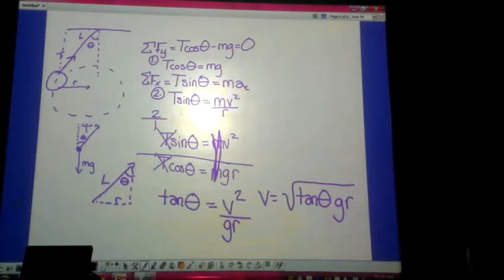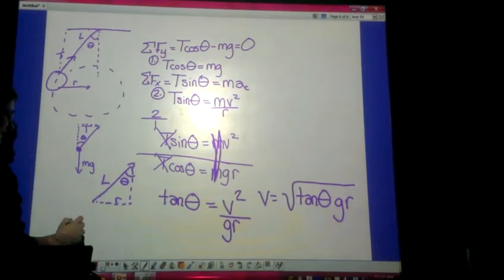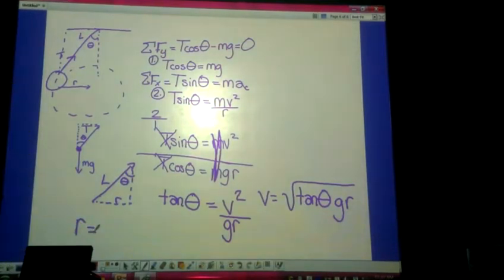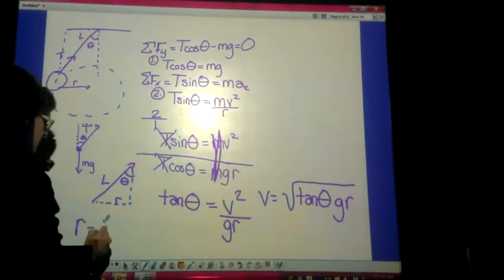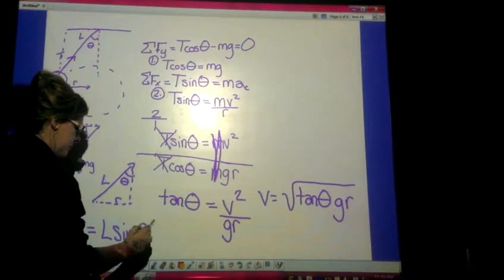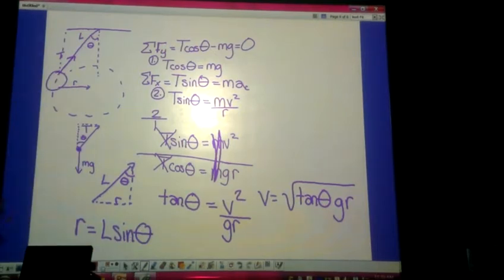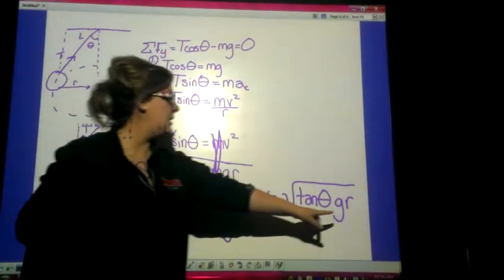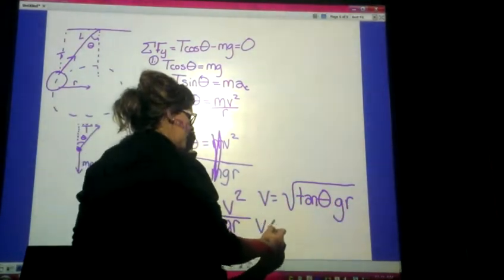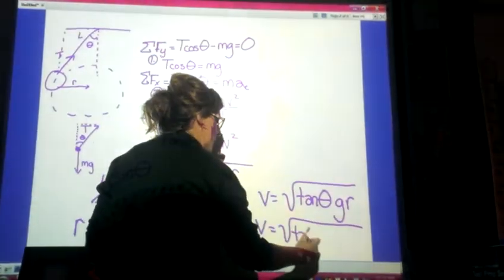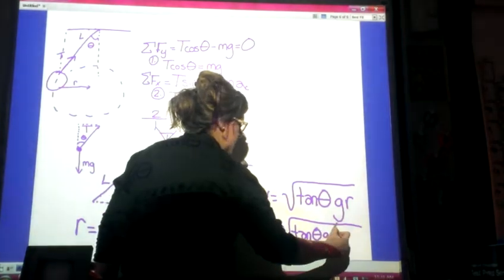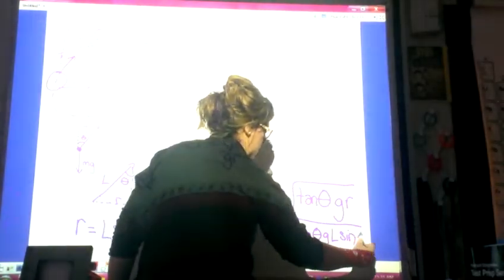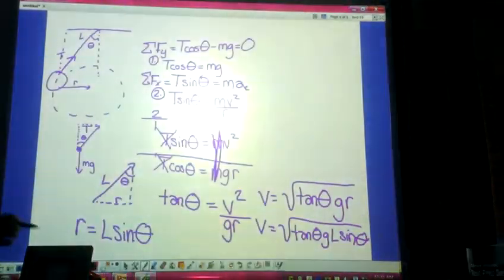And I could do that by saying that r equals L sine theta. So let me plug L sine theta in for r here. So v equals the square root of tan theta g L sine theta. That's my answer.